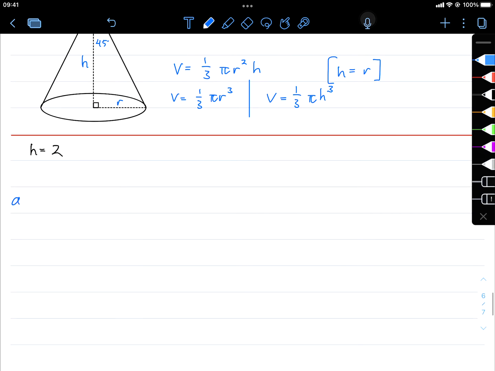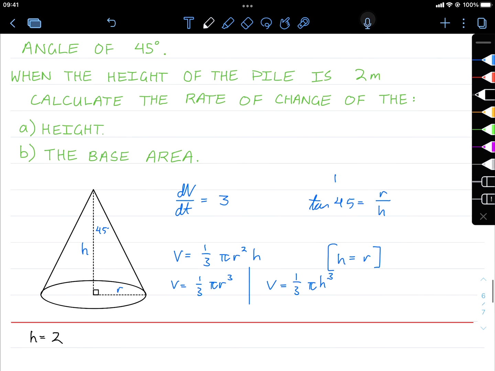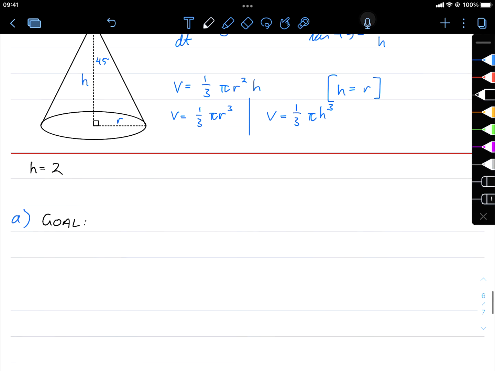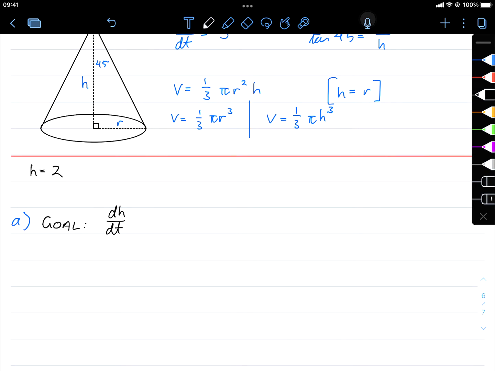So part A, our goal, now it says here we're looking for the rate of change of the height. So our goal is going to be the change in height, dh over dt. So that is what we are looking for.